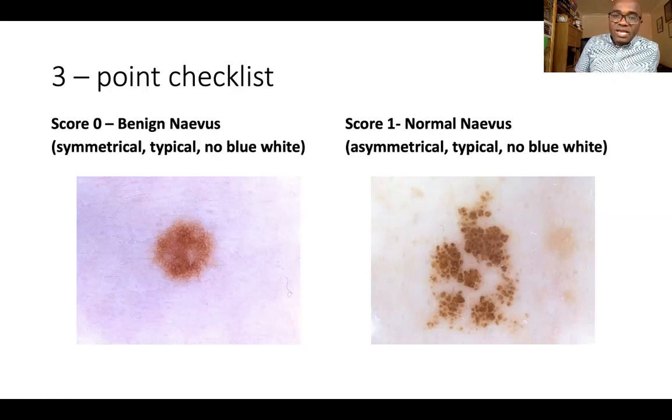suspicious of a melanoma. So you can see some of the terminologies are quite difficult to appreciate in dermoscopy. We'll be using terminologies like network, globules, structures, regression.